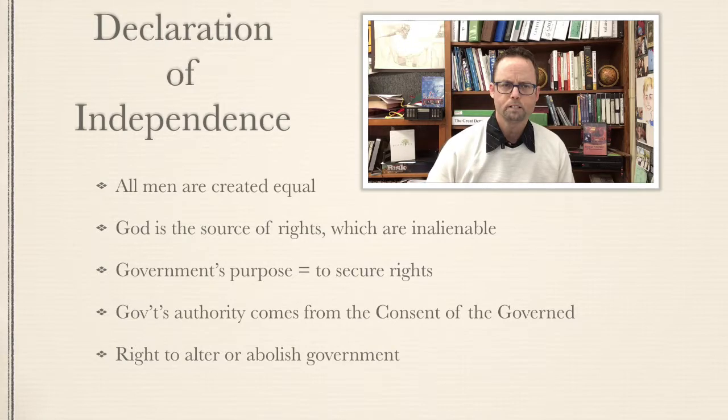The purpose of government is to secure, to protect these rights. Government's authority comes from the consent of the governed, and revolution is justified if government fails to protect rights, which can happen one of two ways. First, government is too weak to protect rights from others, or second, instead of protecting rights, government itself violates them.